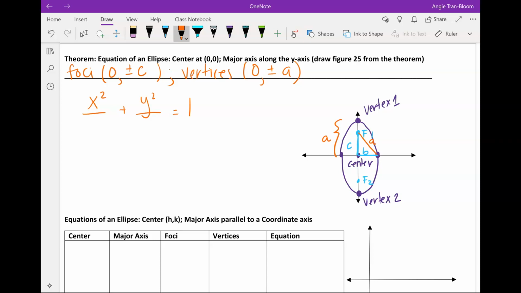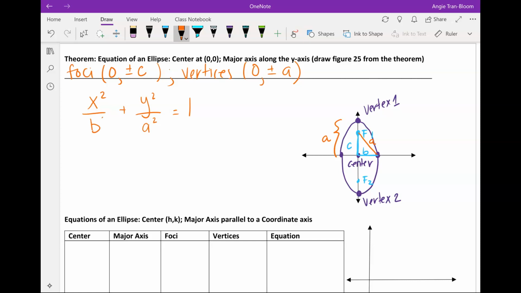Which one's longer? What position is that? Vertically or horizontally? Vertically, right? The major axis is vertical. That means the y squared will get the longer value. Which one do you think is the longer value? A squared or B squared? A squared. So in this case, your y will get A squared.